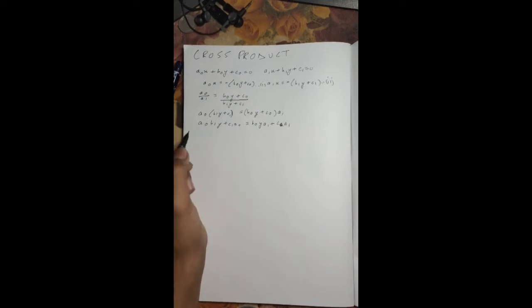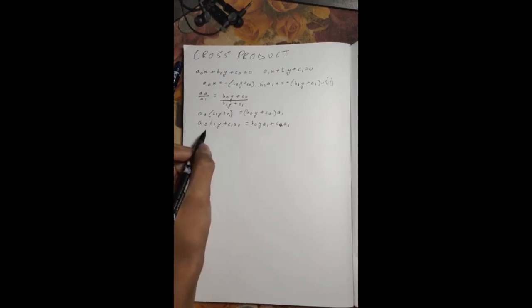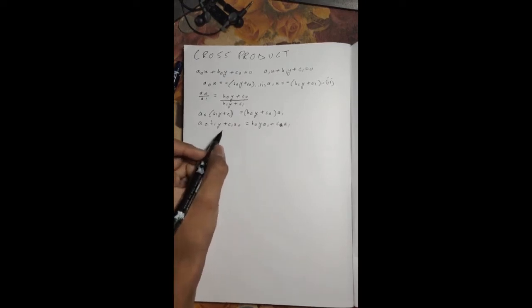Now we'll arrange this equation in a form so that we can factor out the y from the equation and keep it on one side and keep all the other values together. For doing that, we'll subtract b naught y a1 and c1 a naught from both sides.